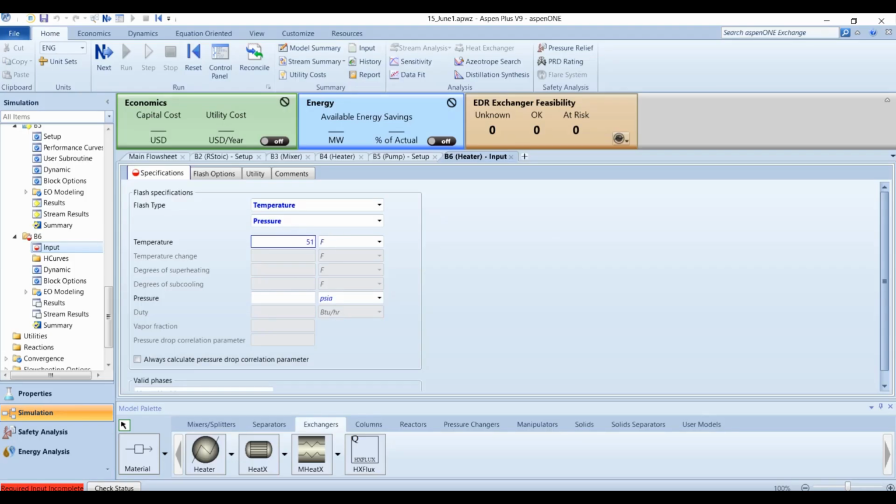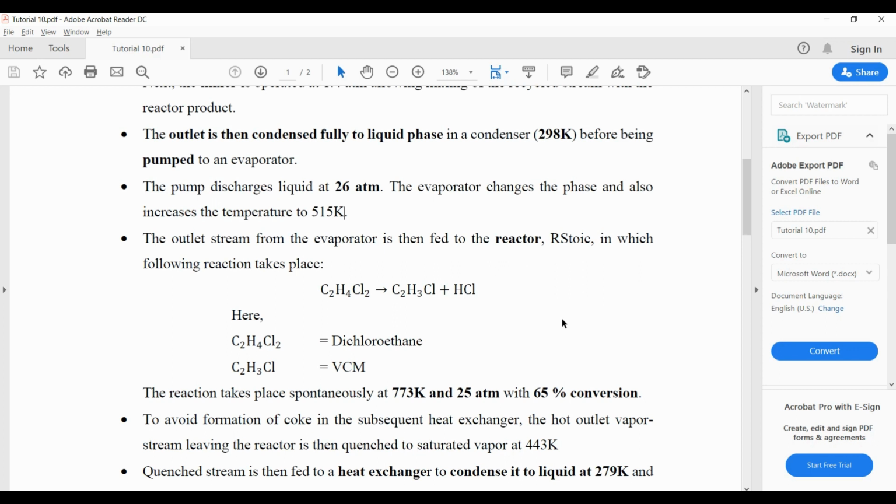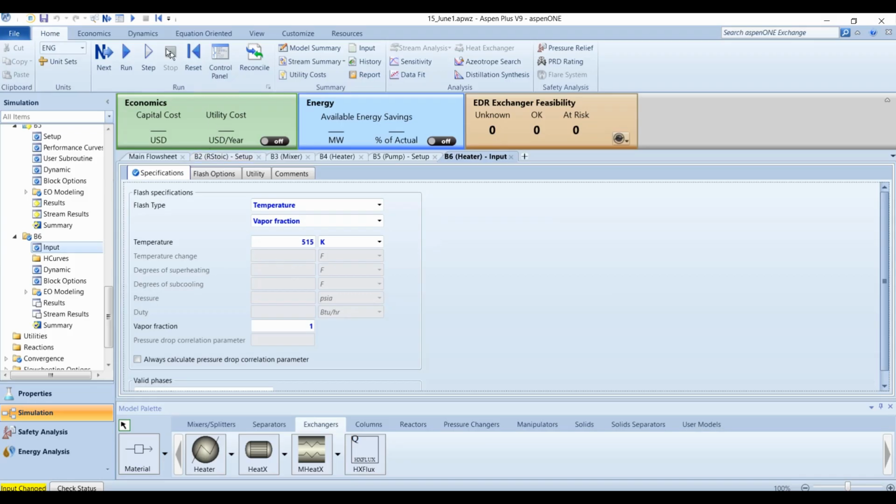Pressure is not given, but we know that since it is an evaporator, the vapor fraction is going to be 1. So till this stage we have completed. I will run it again, and you can see that the results are available.